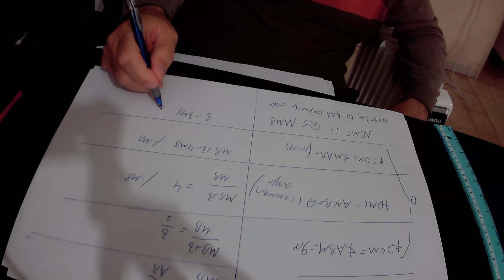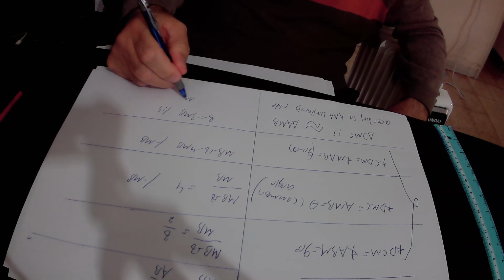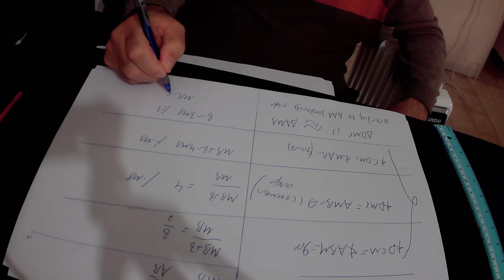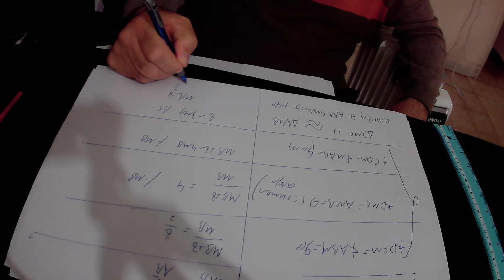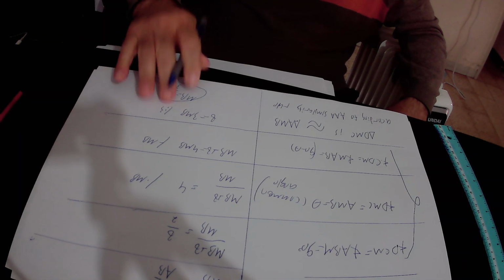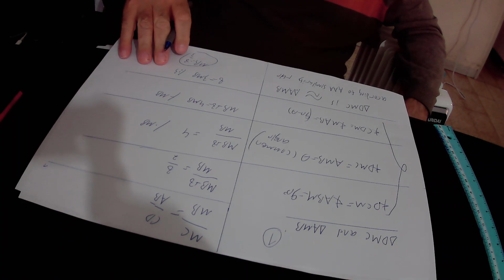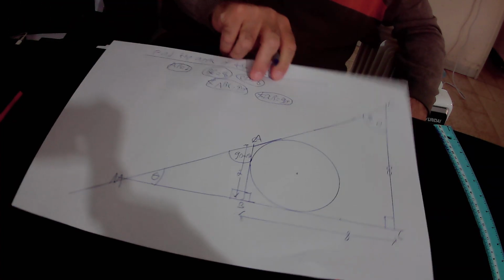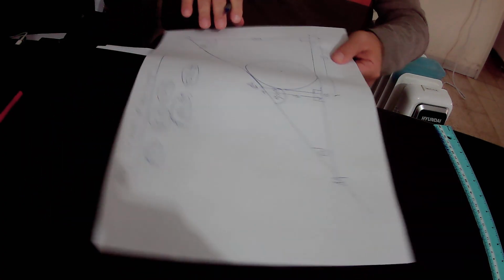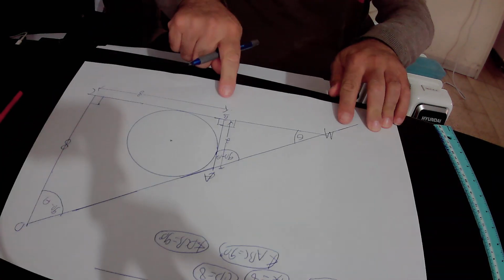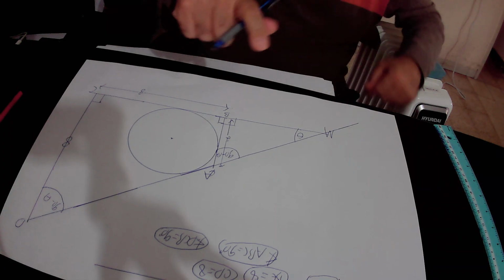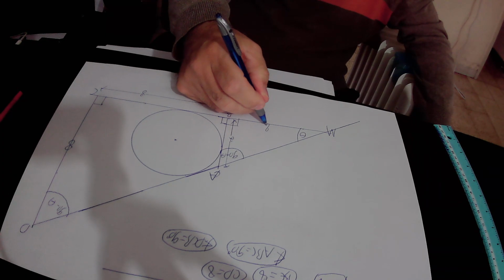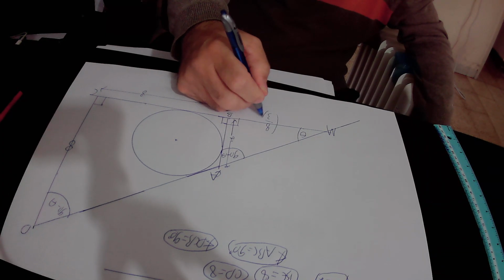We divide this equation by 3 and finally we get that MB equals 8 over 3 units. So this line segment MB is equal to 8 over 3 units in its length.